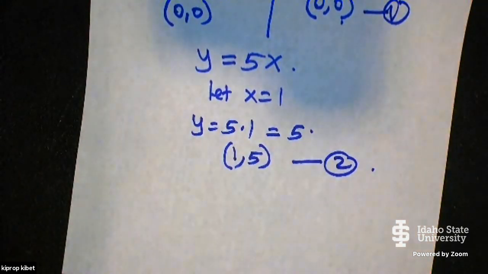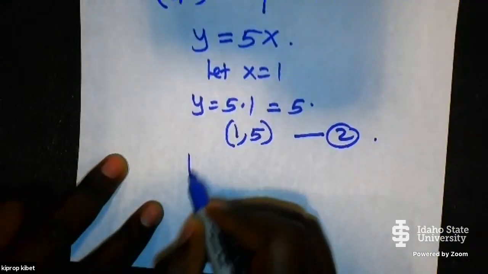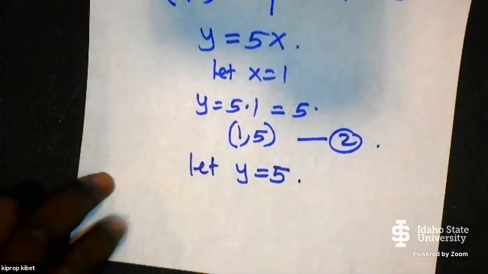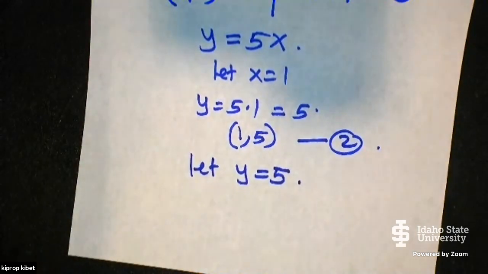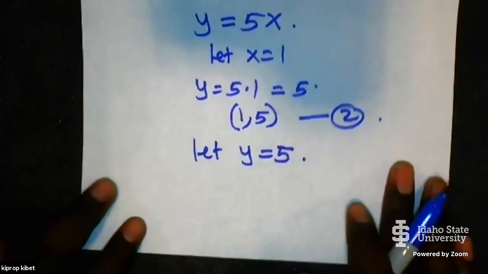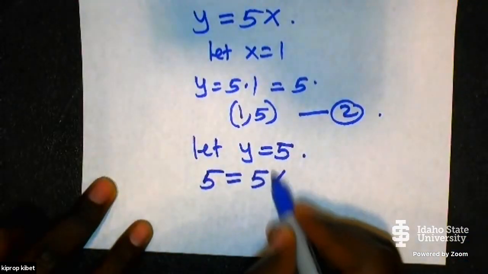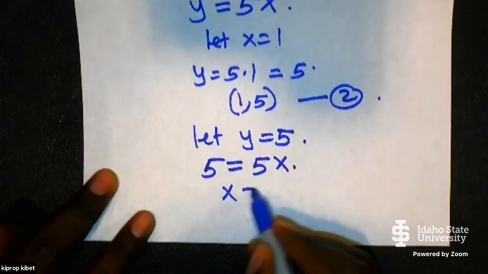So for the third one, you can do what? We can let y to be equals to 5. So when we let y to be equals to 5, so 5 equals to 5x. So x equals to what?